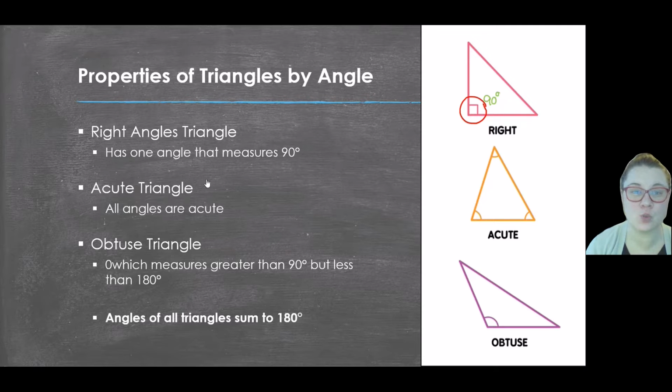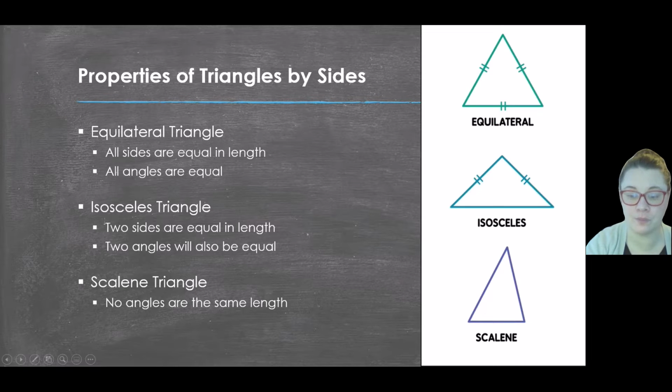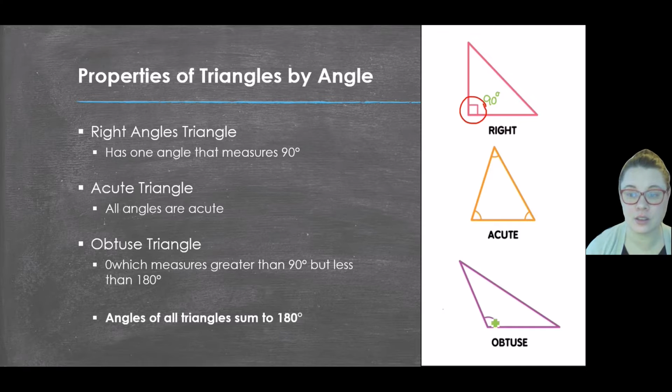So you'll see there's one angle here that happens to be larger than 90 degrees. In a triangle, you can only have one angle larger than 90 degrees. You will never have two.